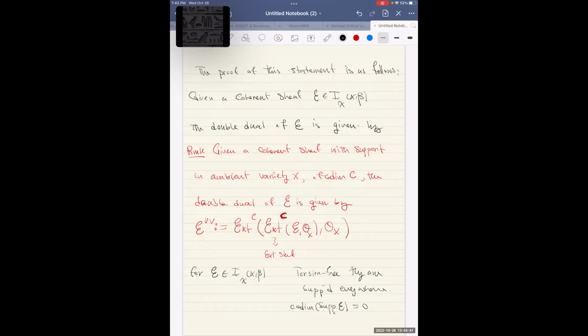So for E in this moduli space, the double dual of E is by definition Ext^0 of Ext^0 of E, O_X, O_X. It's a very nice object.